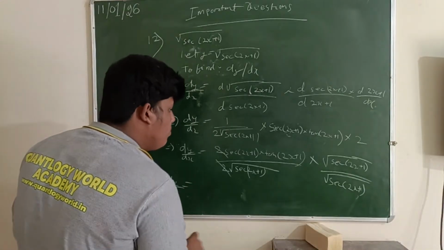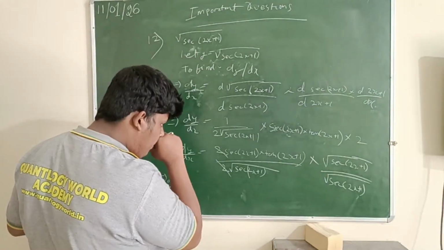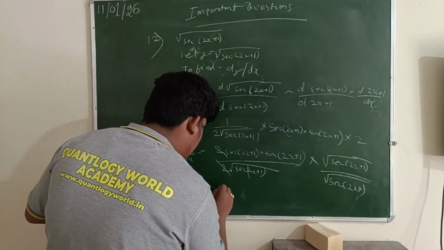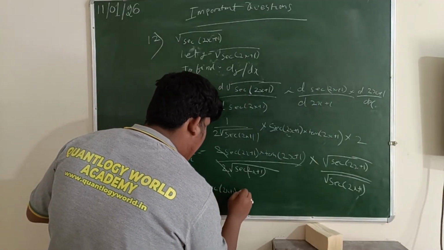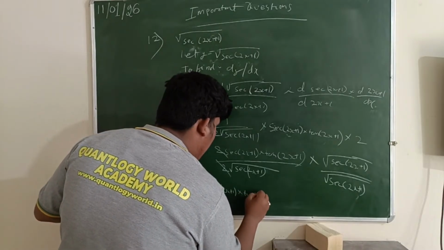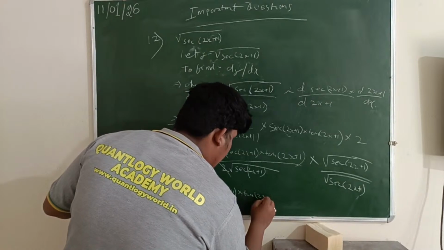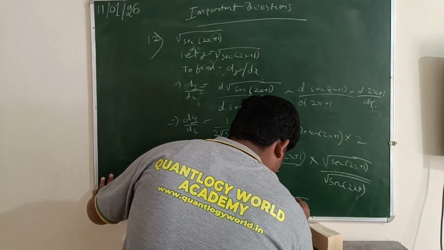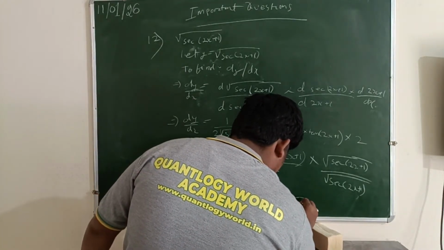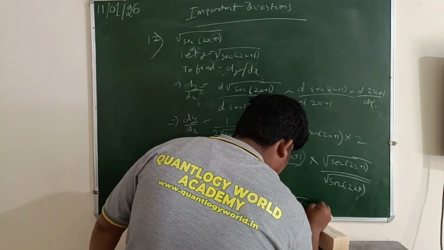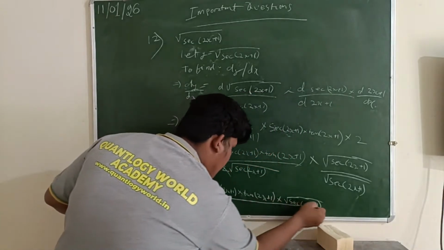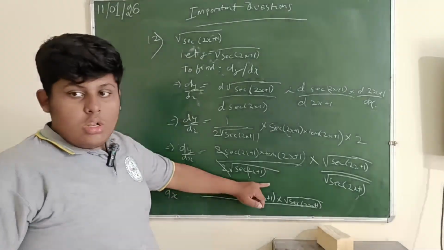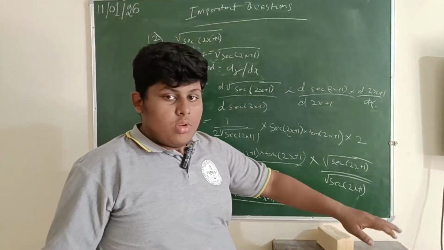So dy by dx equals sec 2x plus 1 into tan 2x plus 1 into root over of sec 2x plus 1, whole divided by root sec 2x plus 1 into root sec 2x plus 1.